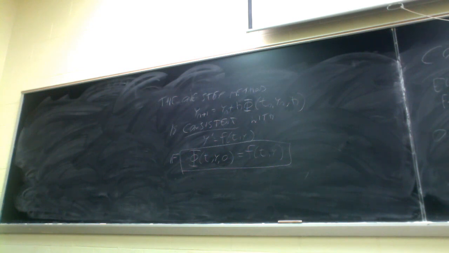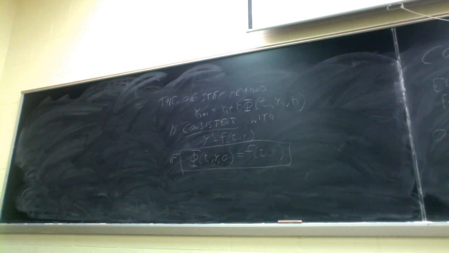Okay. So, question on the definition of consistency. Right now, the only one-step method we've seen is Euler's method. We'll see others shortly. And here, you can definitely tell it's consistent because phi is f in that case. For a consistent method, this local truncation error is going to 0, but it generally depends on some power of h.